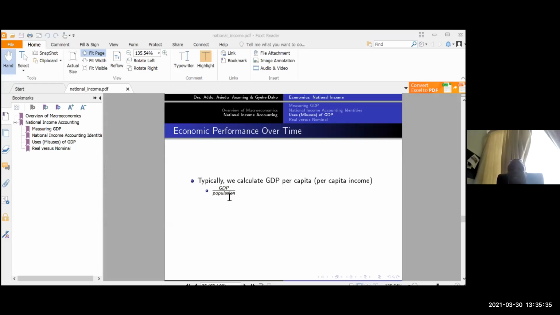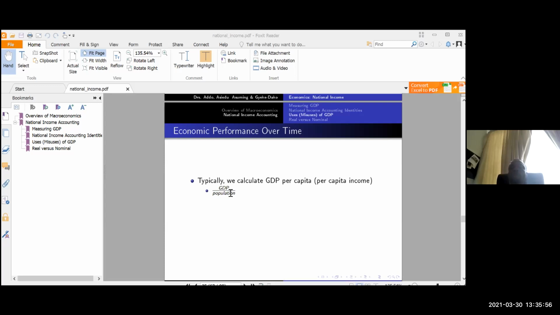And then Ghana doesn't have a huge population, but if we also divide our GDP by our population, you may be surprised to see that our per capita GDP can be even higher than that of Nigeria. Okay, so middle income country.